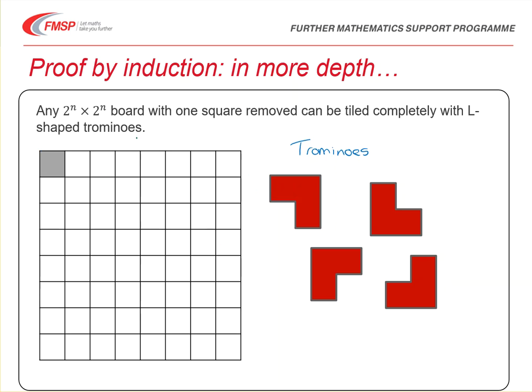So it has 2 to the power n squares along that side and down that side. And we want to prove that we can completely tile any 2 to the n by 2 to the n board with these L-shaped trominos if we simply remove one single square. I've placed the square in the corner of the board, but in fact it could be anywhere.